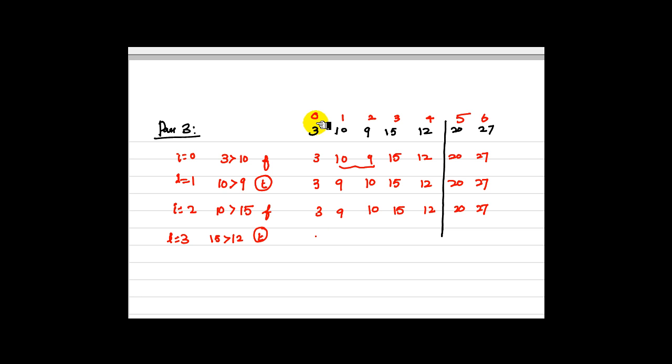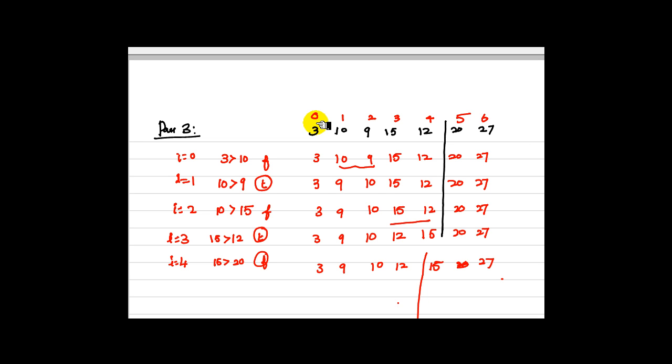Hence we have a swap between the elements 15 and 12. Now i gets incremented to 4, checks whether 15 is greater than 20. It is false. So we don't have any interchange. After the third pass, the last three elements get sorted in their positions.